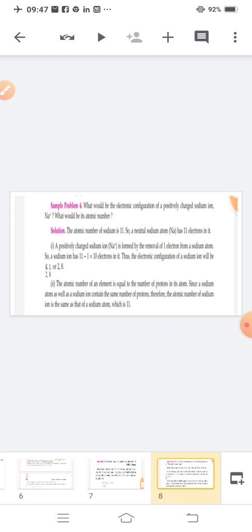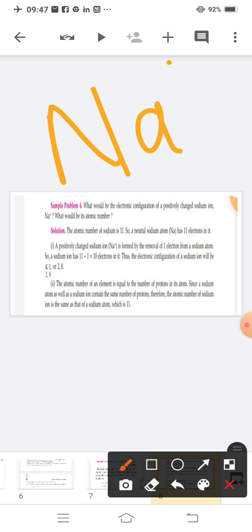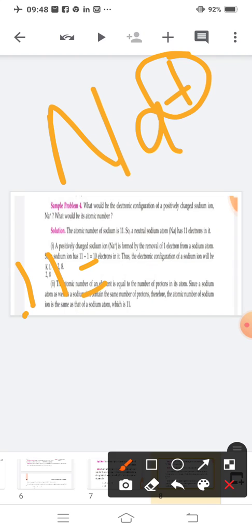What would be the electronic configuration of a positively charged sodium ion, and what would be the atomic number? See, Na plus, if it has a plus charge, or is positively charged, that means it donated one electron. We know that the atomic number of sodium is 11 and the electronic configuration was 2, 8, 1.